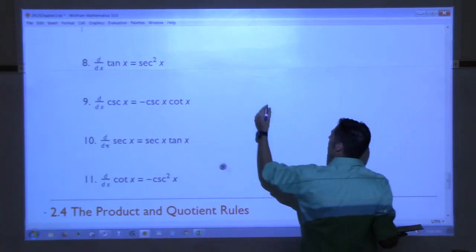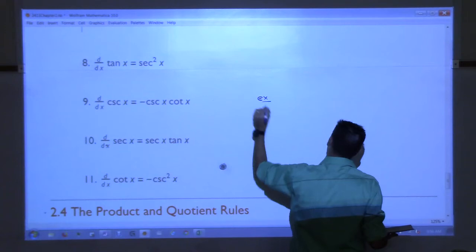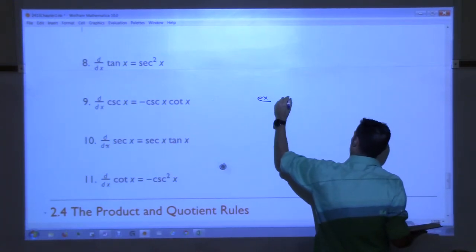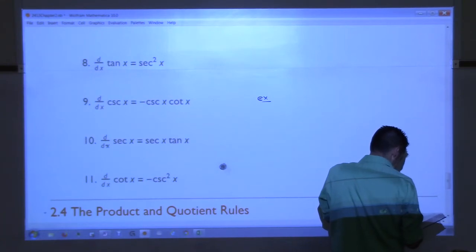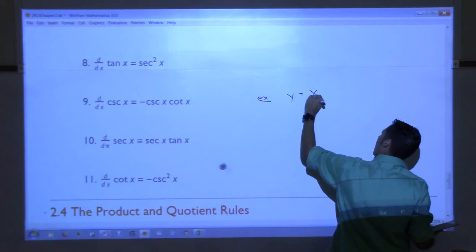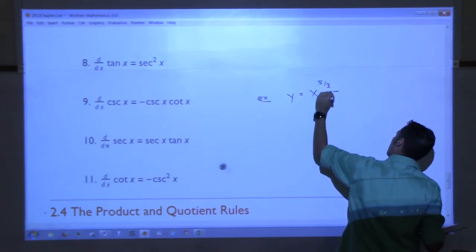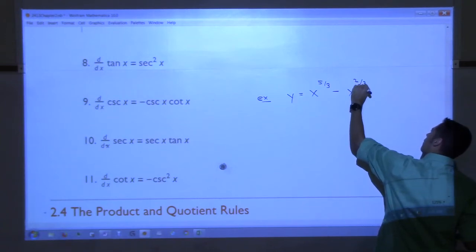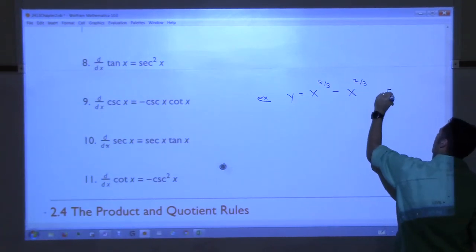All right, so an example here. Let's say that you have y equals x to the 5/3 minus x to the 2/3. So I want you to find y prime.